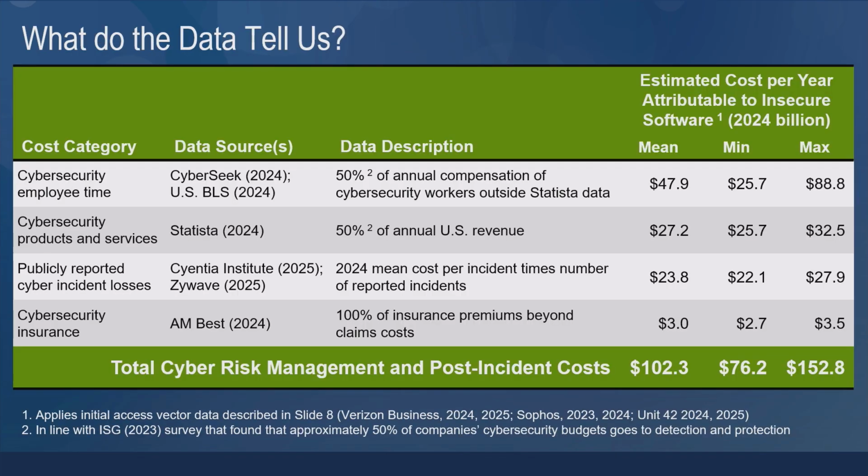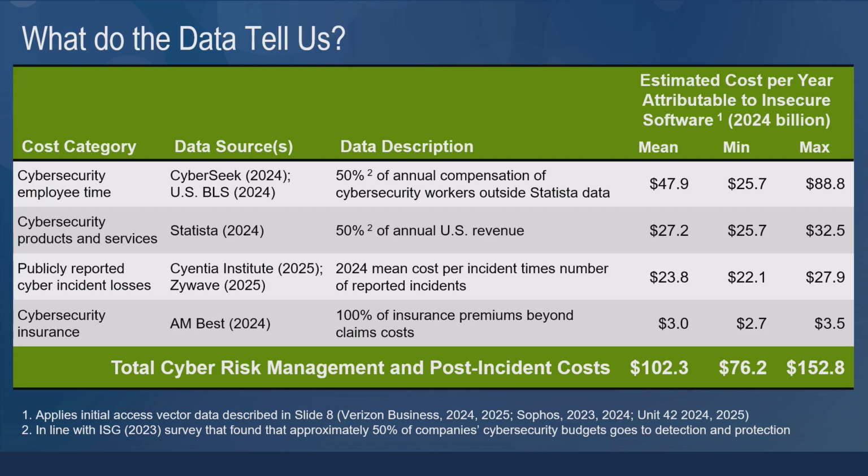Okay, so what do the hard data that we have available tell us? The largest cost is actually this outside cybersecurity employee time. So this looks like a simple number. This was the most involved for us to model. So this involved us figuring out annual compensation of the cybersecurity workforce outside of those who are being employed by this cybersecurity products and services industry, right?